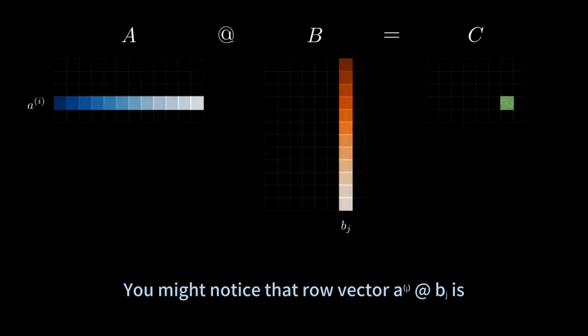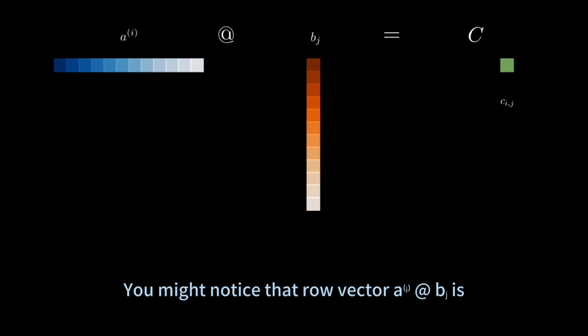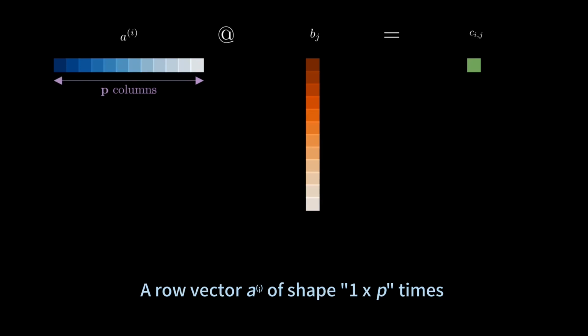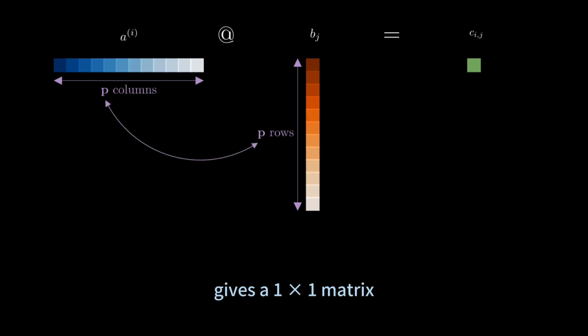You might notice that row vector A @ column vector B is itself some kind of matrix multiplication. A row vector A of shape 1 times P times a column vector B of shape P times 1 gives a 1 times 1 matrix.